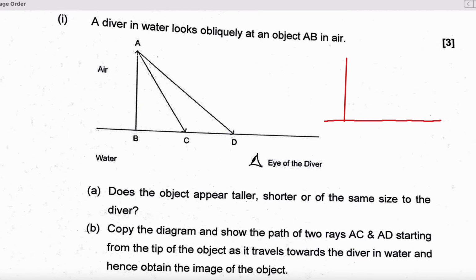This is the object over here. This is your point A, and this is your point B. Now you will take any two rays, this way and this way. Show the normal.